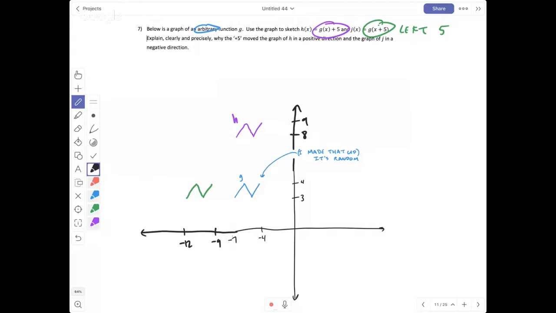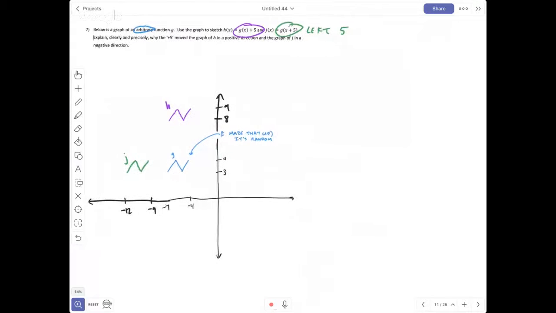Perfect. Explain clearly and precisely why the +5 moves the graph of h in a positive direction and the graph of j, here's j, in a negative direction. So let's see.